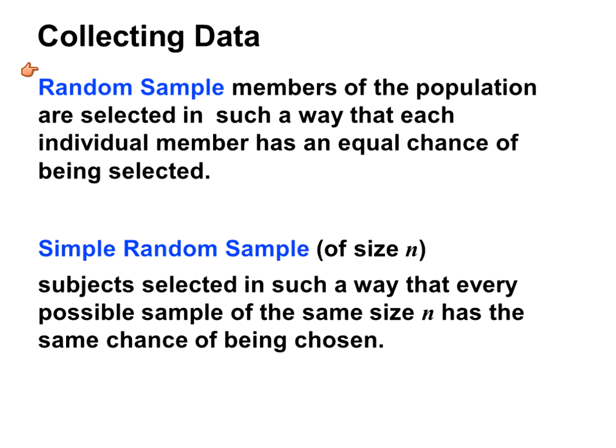Okay, so here we have a random sample, and the random sample are members of the population that are selected in such a way that each individual member has an equal chance of being selected. So every member in your population has to have the same chance, an equal chance of being selected.